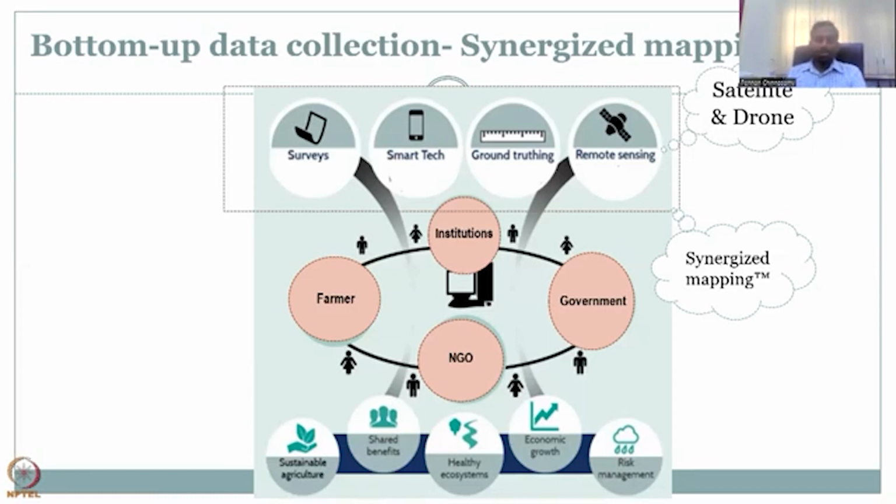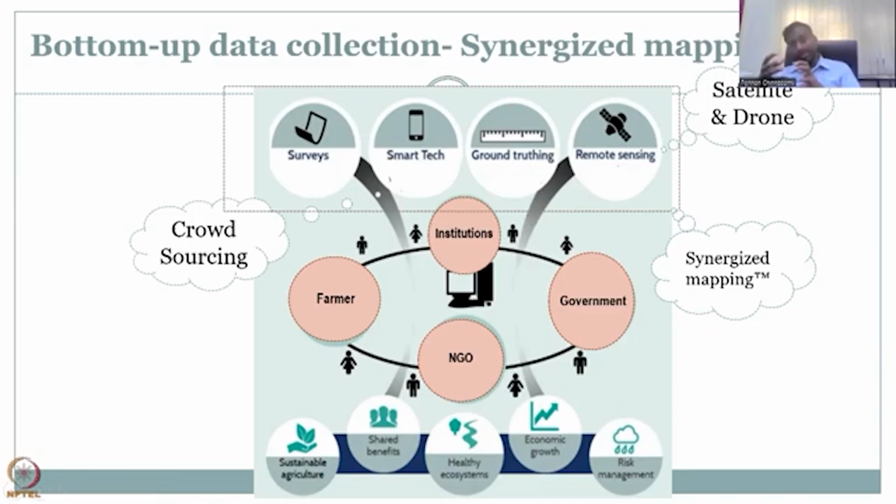And farmers, stakeholders, and rural communities are those who actually engage with the data and the results, because it is for them this data is collected and used. So we have looked at satellite and drone data, but now we're going to look at crowdsourcing plus satellite data in a synergized mapping scenario.